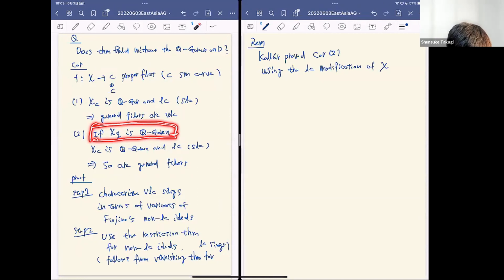This follows from the combination of the results of Hacon-Xu and Odaka-Xu. But the existence of LC modification is highly non-trivial, and this is a quite deep result. But anyway, using LC modification, Kollár proved the same result.